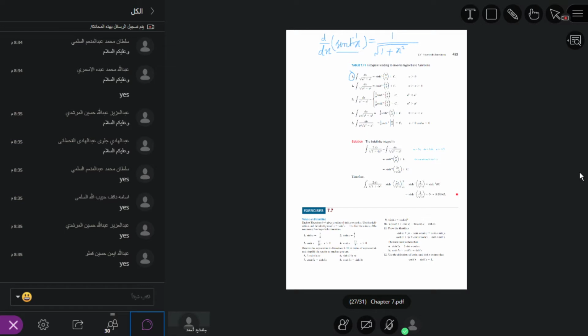And here, what is the condition on a? A must be greater than 0. A is not negative. A must be positive.